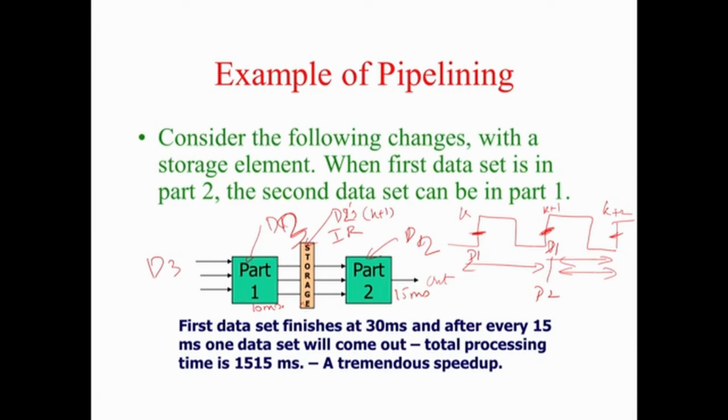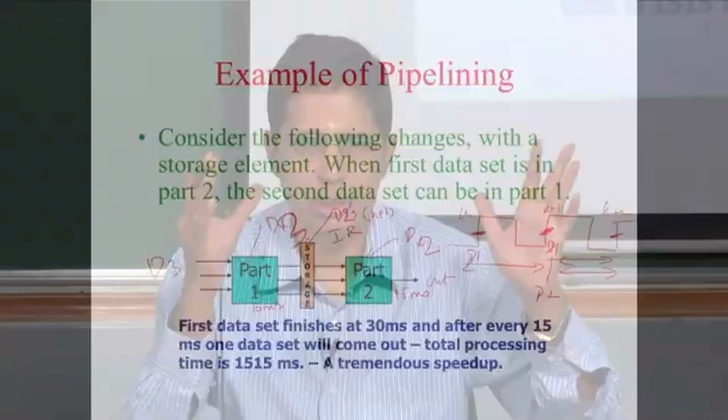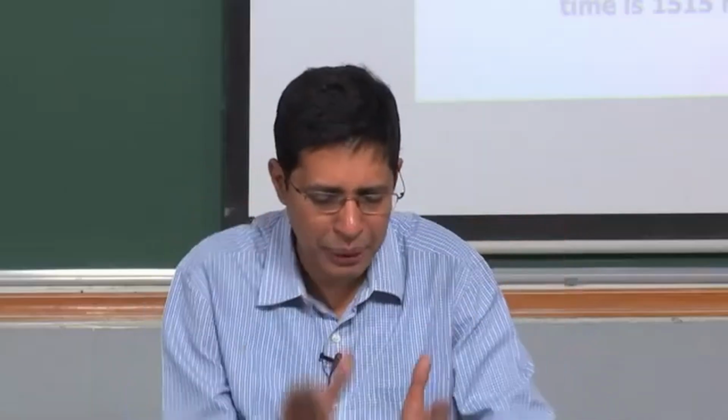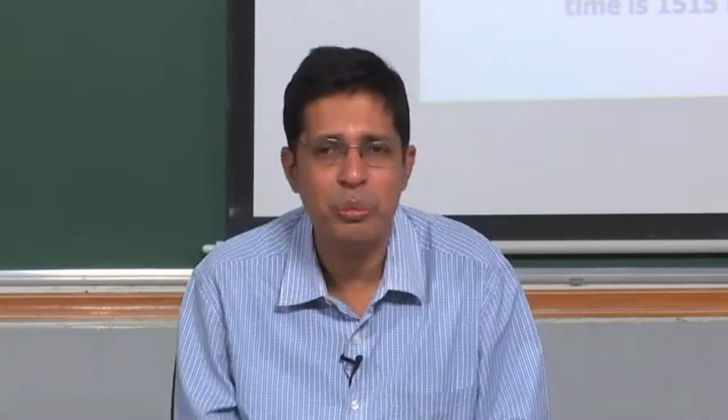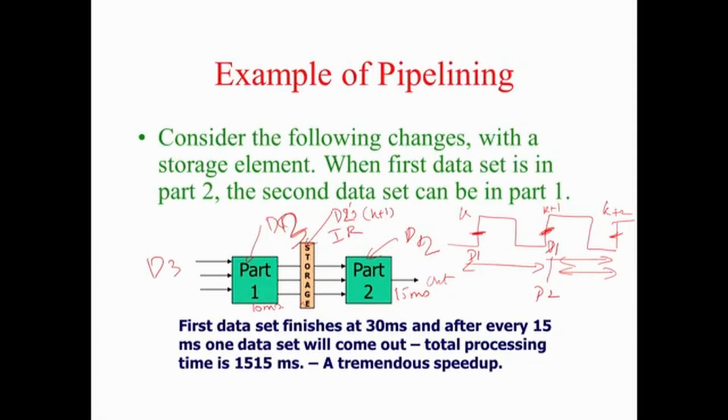Please, I have the same clock pulse. So the time period of the clock pulse should be at least 15 milliseconds, right. If it is less than 15, then this fellow cannot finish. So the first set of data will come only at 30 milliseconds, and then after that every 15 milliseconds you will get one data.